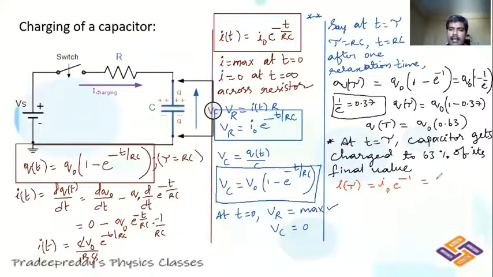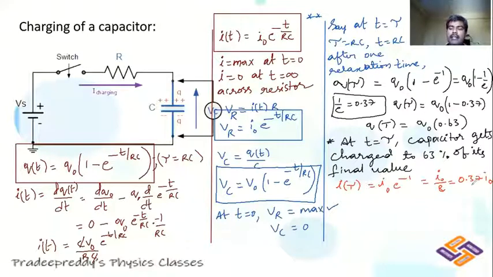So this is I naught divided by e, which is equal to 0.37 I naught. What does it mean? After one relaxation time, the current in the circuit has decreased to 0.37 I naught.